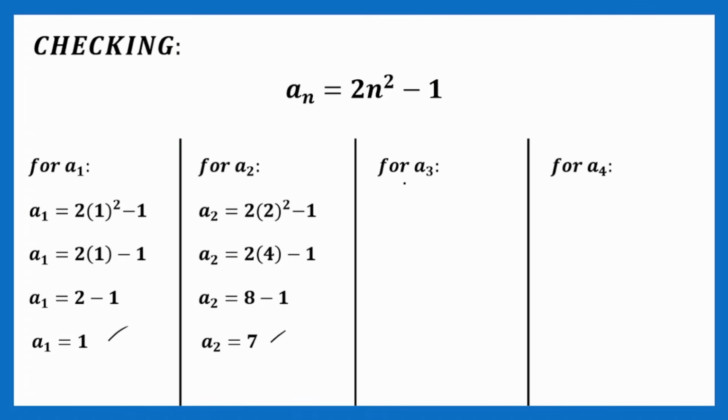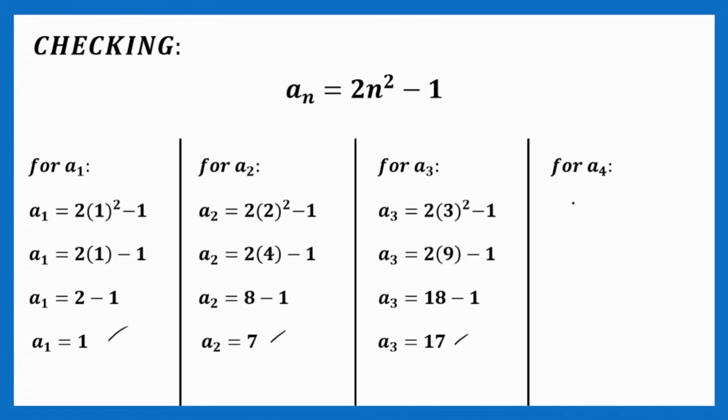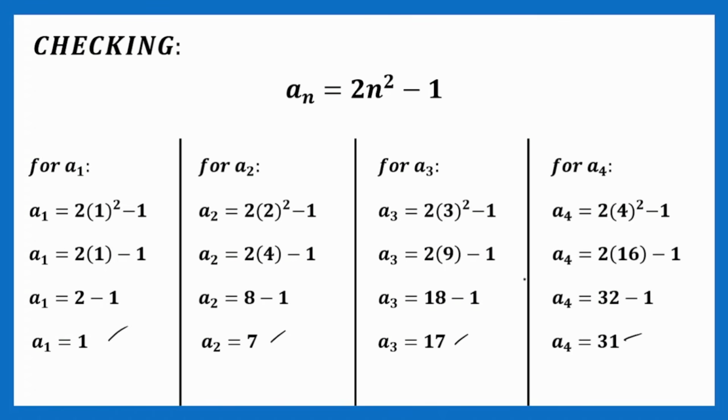Lahat ng n magiging 3 for a sub 3. Ayan. So, ito muna, 3 squared is 9. 2 times 9 is 18. Minus 1, that will become 17. Last one, a sub 4 is 4 squared, 16 yan. 2 times 16. 32 minus 1. That's 31. Alright.